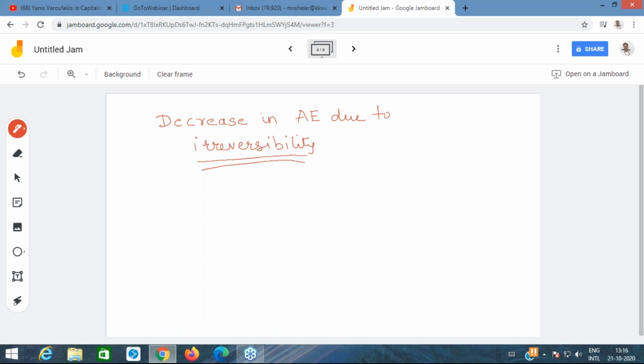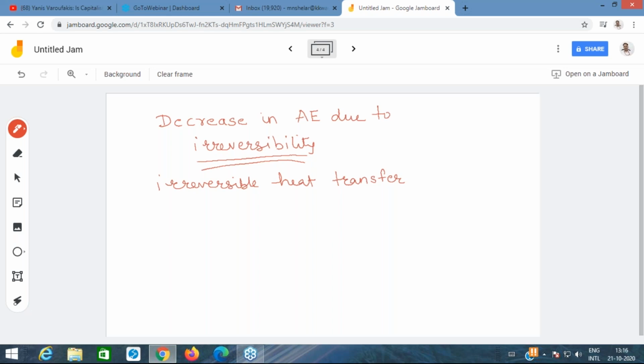So here I will be considering a special case of irreversibility, that is irreversible heat transfer. I am going to show you that if the heat transfer is irreversible, then that leads to the destruction in exergy, or the decrease in the available energy.